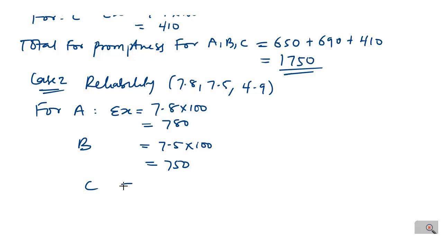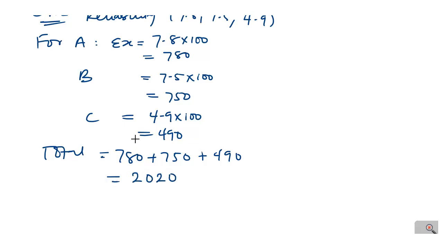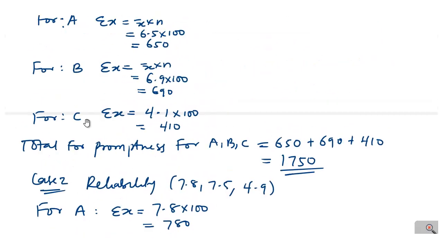Then for C, we have 4.9 times 100, and that will give us 490. So the total for A, B, and C will be 780 plus 750 plus 490, and that will give us 2020.